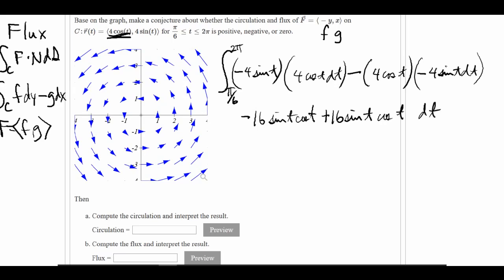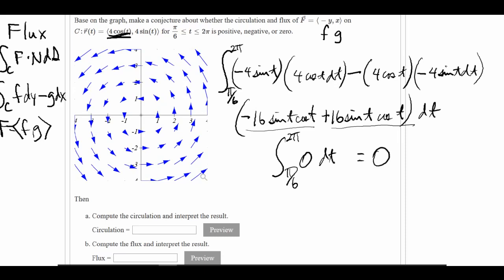Well, we really don't need to go any further because negative 16 sine t cosine t plus 16 sine t cosine t is 0. And it doesn't really matter where you're going from and to, or what you're integrating with respect to, that's a 0.